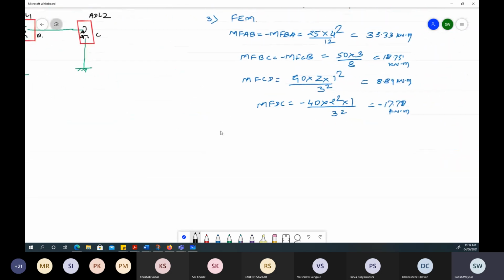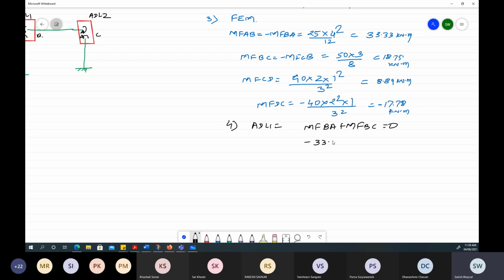First we have to find out ADL1 is equal to. So we know that this is the MF B to A plus MF B to C is equal to 0. So this is minus 33.33 plus 18.75.